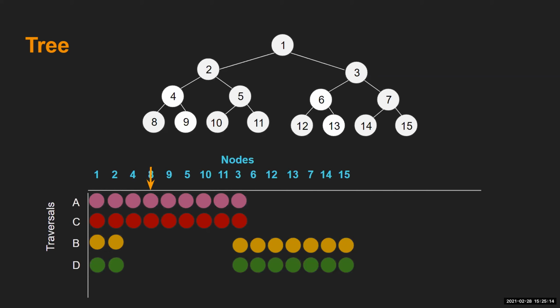And I'm noting that down. Then after 4 nodes, I'm in node 11. I'm noting that down too. And then no more 4 nodes for traversal A, so I'm just finishing. Nothing to do here. And then I'm starting traversal C. It doesn't have to be the next traversal. It can be some traversal down the way. It doesn't really matter. It just happens to be close here.